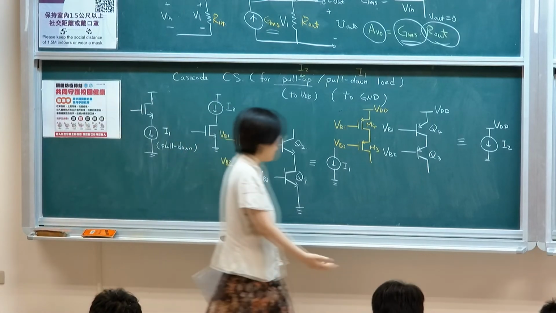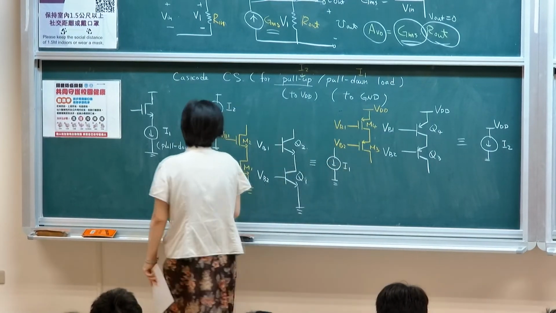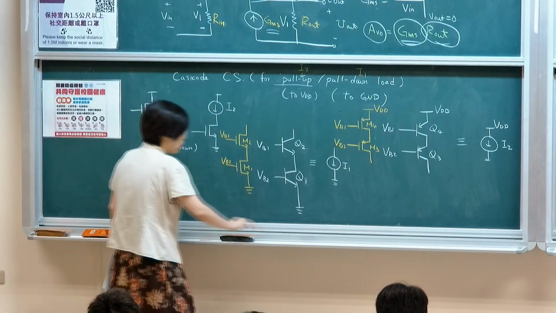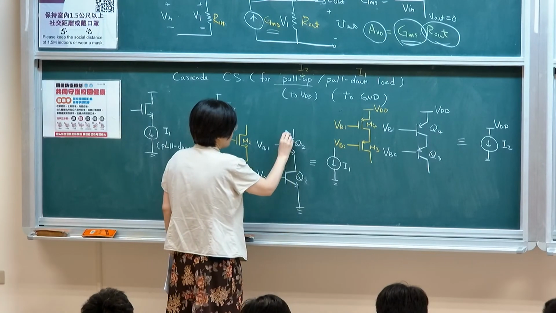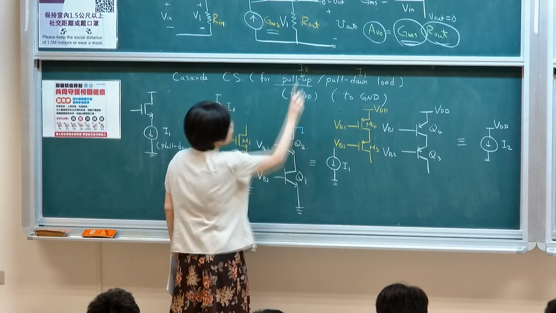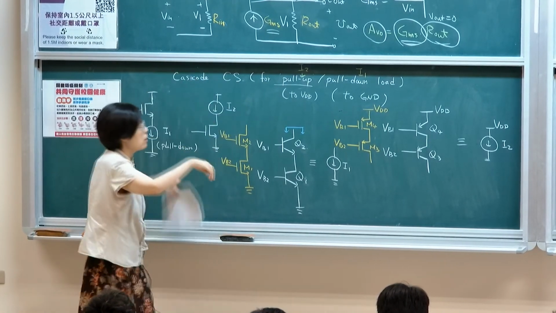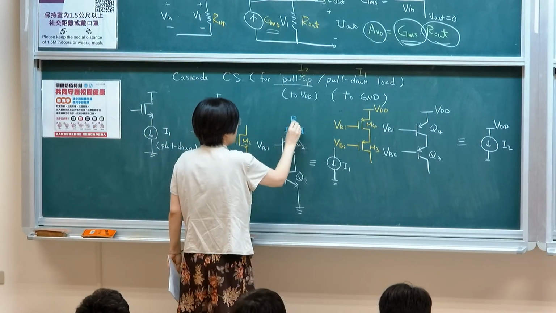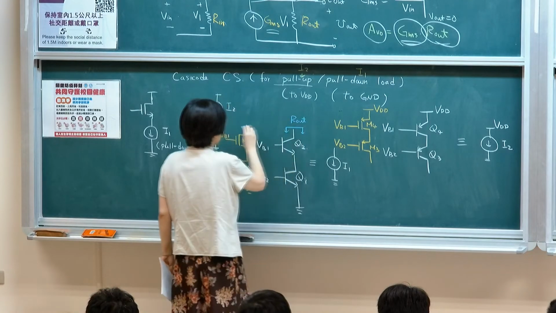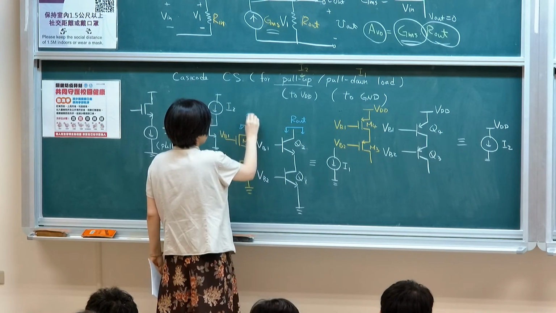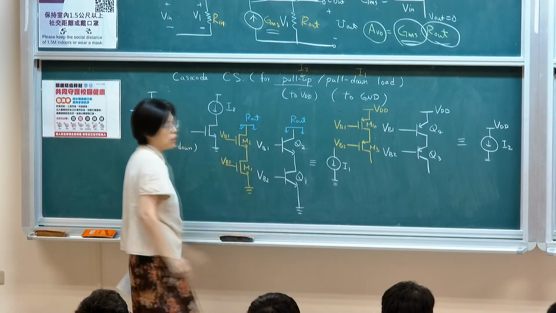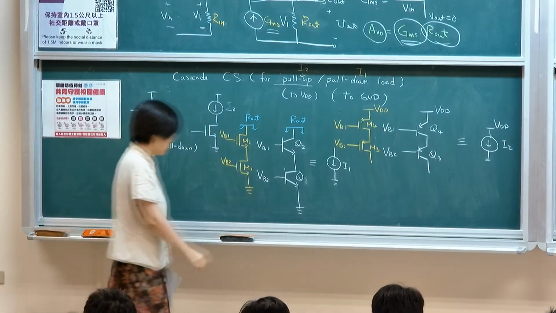So let's look at how your output resistance changes. The key performance factor is this: you want to press it down. You want to make sure that the slope actually decreases. So the key performance factor is actually Rout here. You want to find out what the Rout is for these two cases.